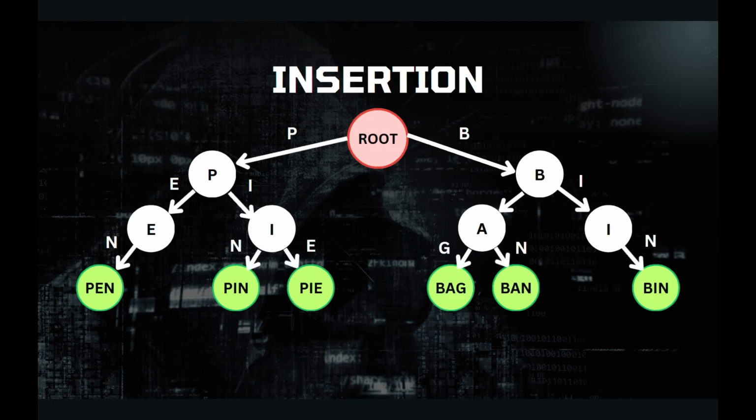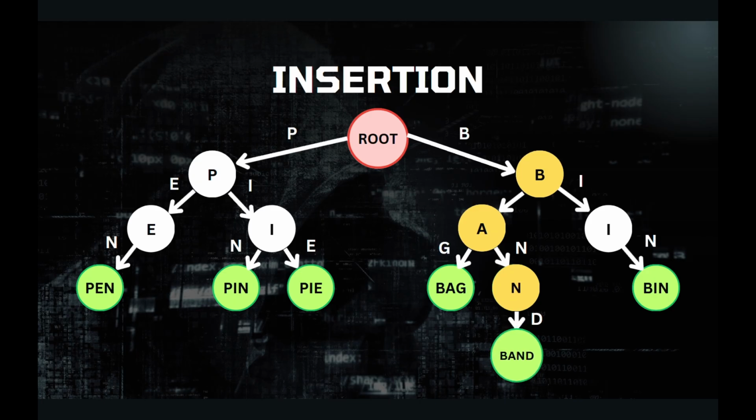So how does insertion work for a try? Starting from your root, let's say we're trying to insert the word band, B-A-N-D. Start from the root, look at B, B exists, traverse to A exists, traverse to N exists, and finally we find that the letter for D doesn't exist. So we append that on, B-A-N-D.